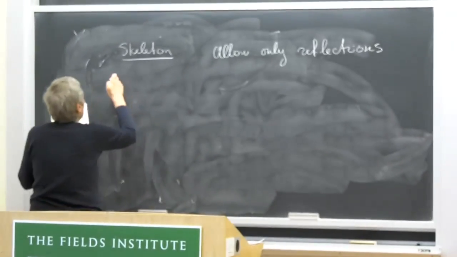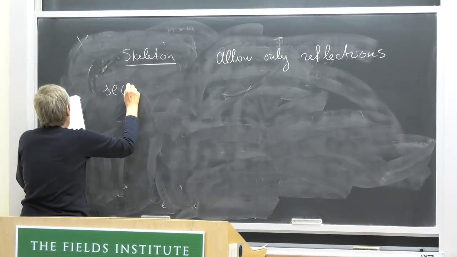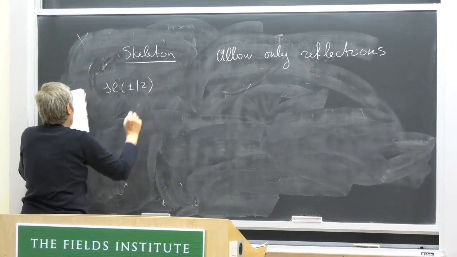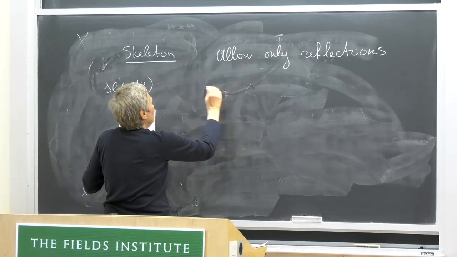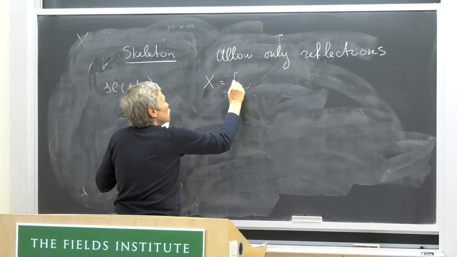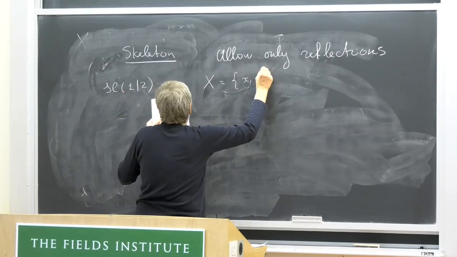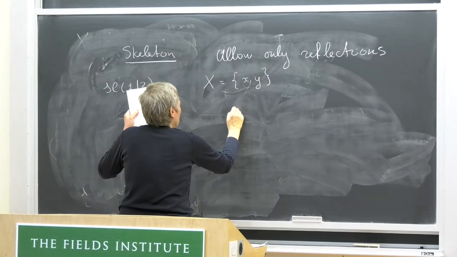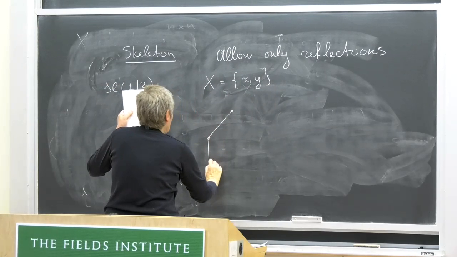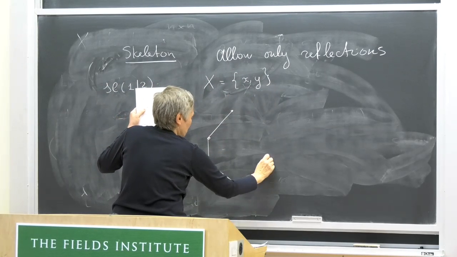So let me go back to this example of SL12. Here X consists of two elements, X and Y, and in the skeleton, I have 6 vertices.